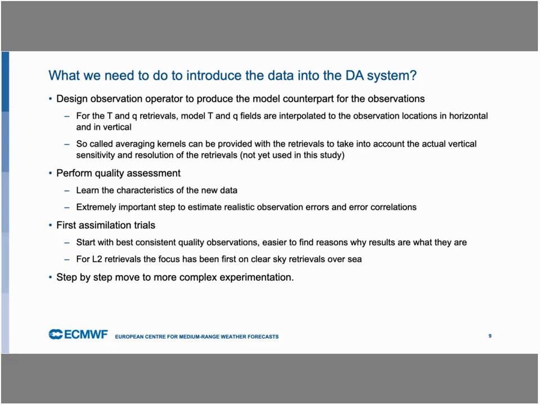And these averaging kernels give information about the actual vertical sensitivity of the retrieval. So we need to keep in mind that even though the temperature and humidity retrievals look like profiles similar to radiosonde observations, for example, they are still satellite measurements, so they are very smooth, and the vertical resolution is coarse, despite there being thousands of channels available.